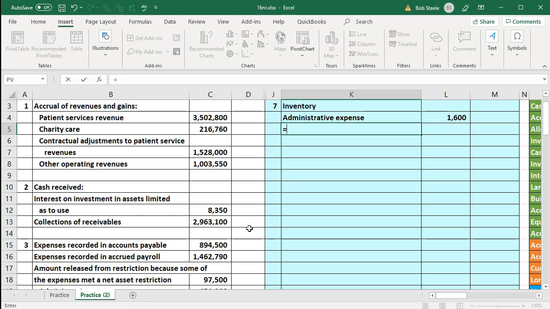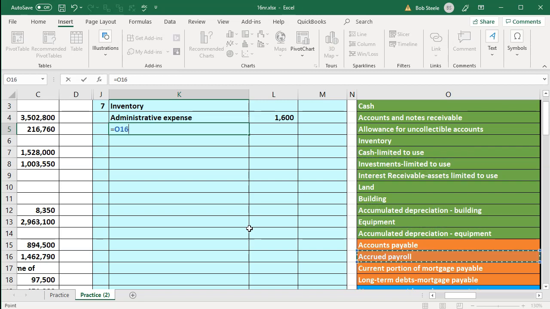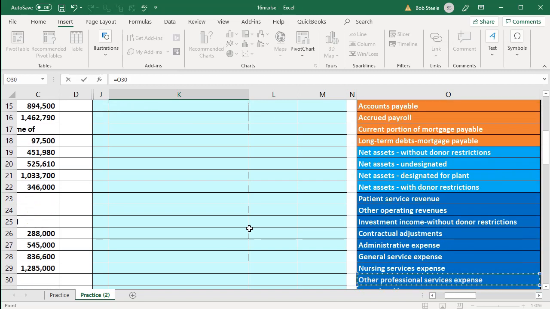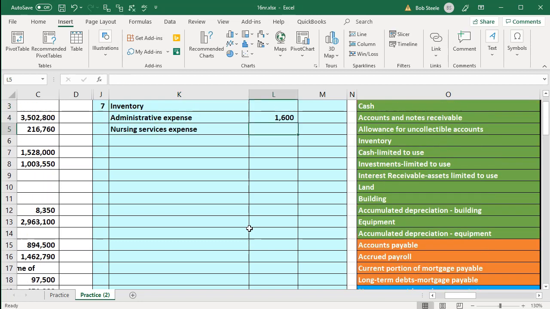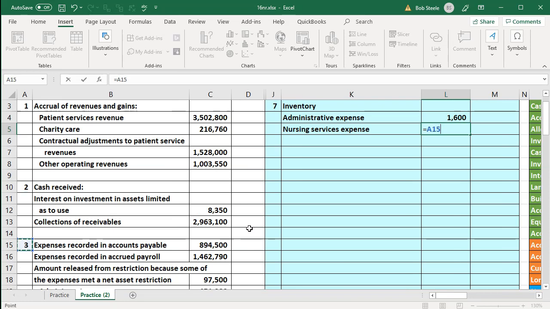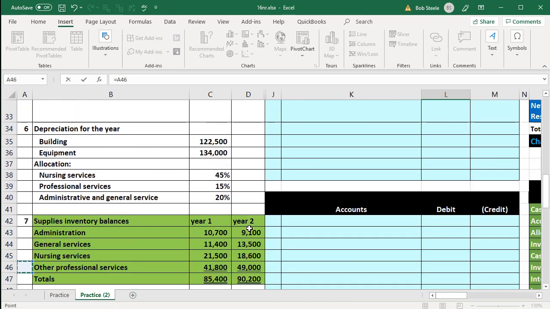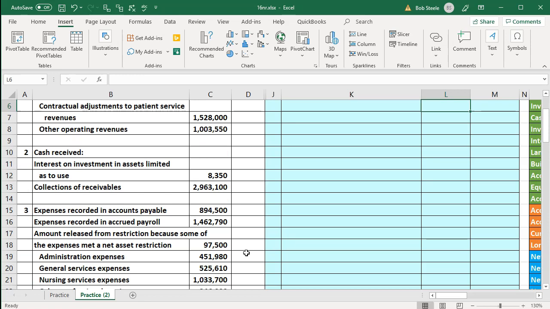Next, we're going to do the same thing for the nursing. So equals the nursing, scrolling down to nursing service expense, enter. Then we're going to record the amount in L5, which will be equal to, scrolling back down into our data, the general, we want the nursing, which is going to be here, which is going to be the nursing year 1 minus the year 2, and enter.